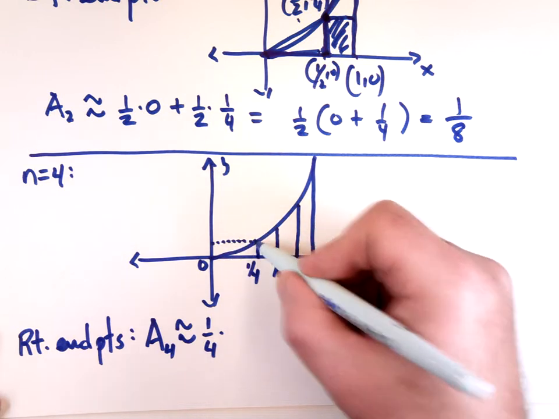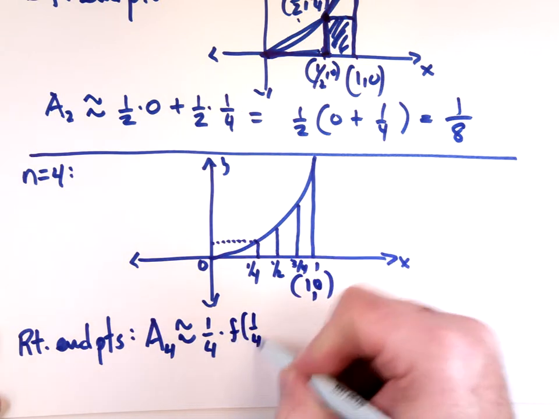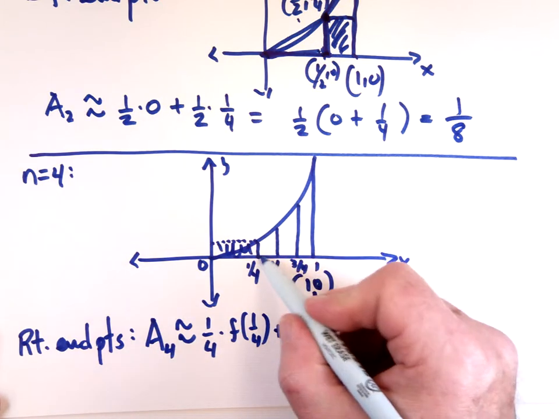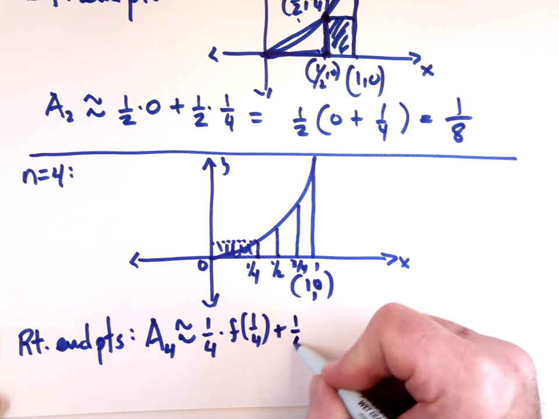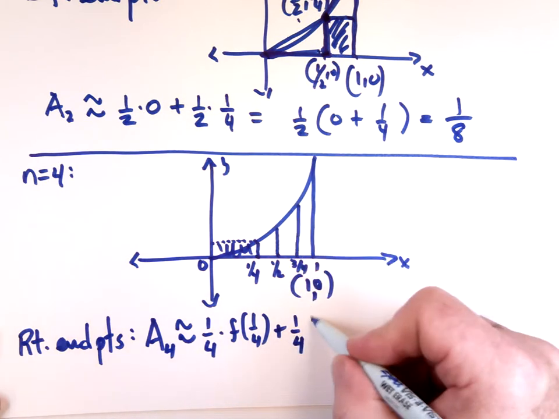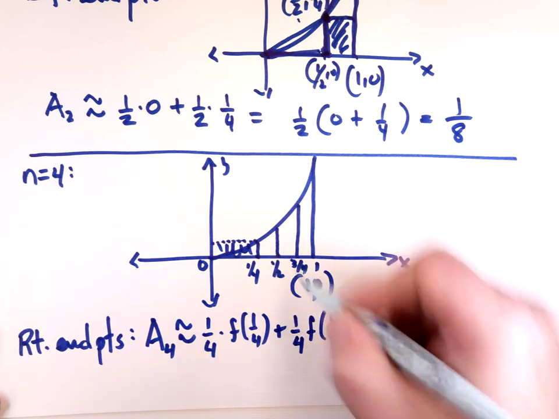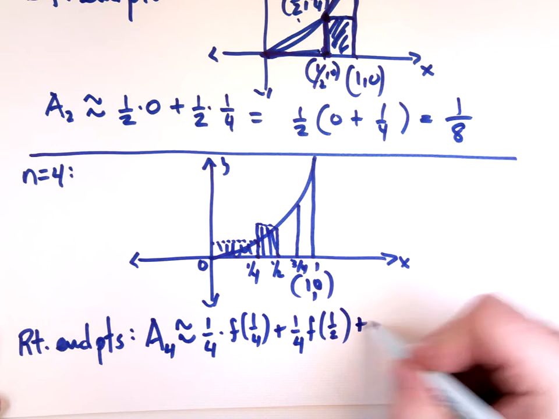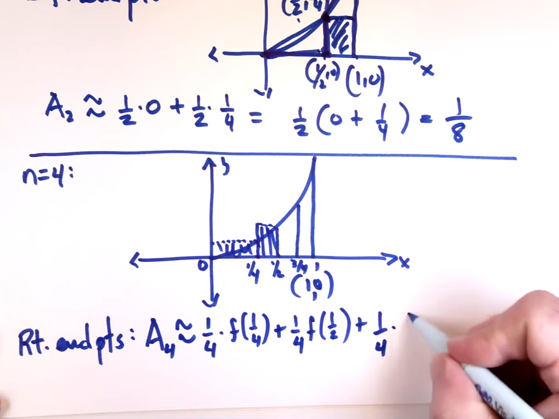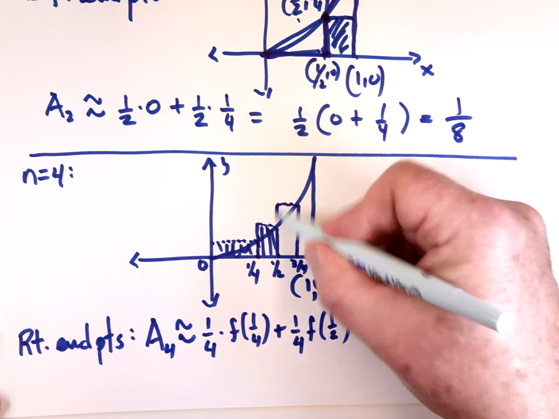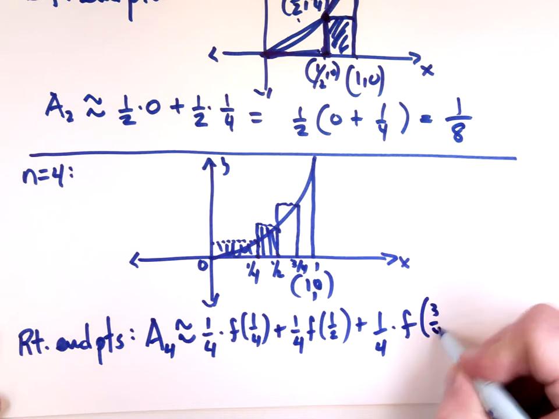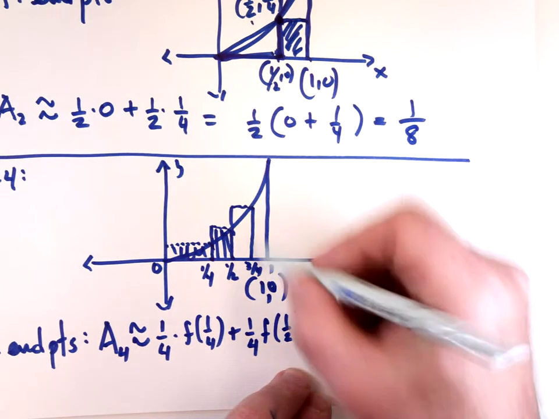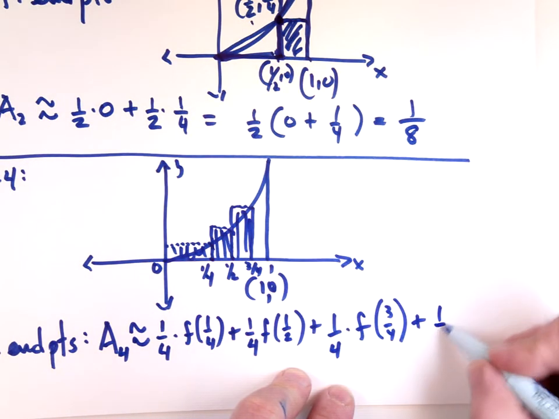Plus, next rectangle, width is 1/4. The height is the value of the function at 1/2. That's this rectangle. Plus 1/4 times the value of the function at 3/4. Plus, that's this one. The last one, 1/4 times the value of the function at 1.